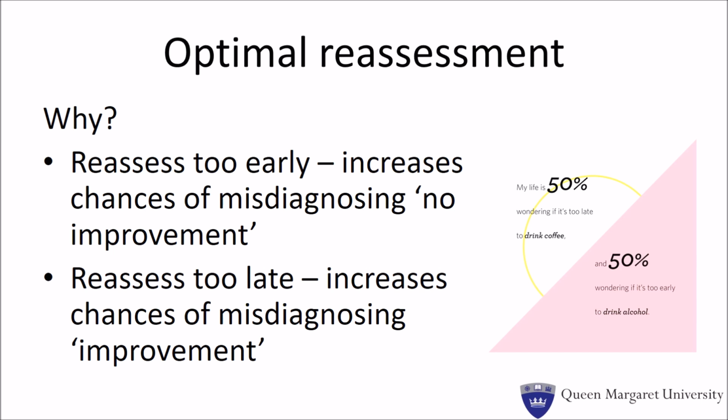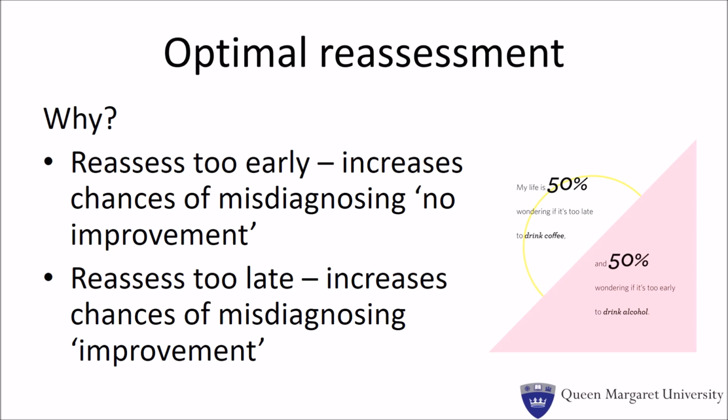Now the next question we need to ask is, when is an optimal time for reassessment? Is there an optimal time for reassessment? Well, Riddle and Stratford argue that there is indeed an optimal time for reassessment based on the accuracy of how we would classify someone as having improved.